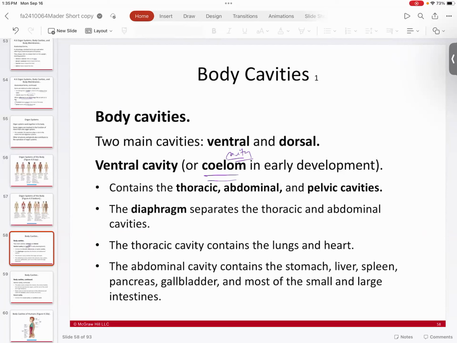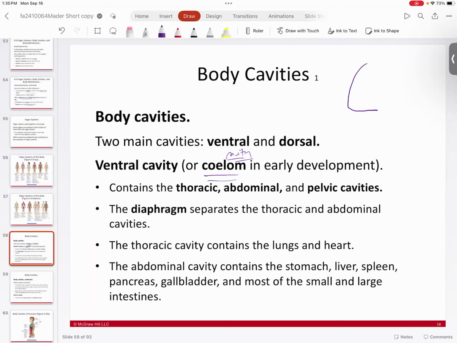The thoracic cavity is a large, sort of bell-shaped cavity that looks something like that. The abdominal cavity is going to be just underneath it, and it oftentimes merges in with the pelvic cavity. So typically you would have the thoracic cavity here, the abdominal cavity here, and the pelvic cavity down at the bottom.